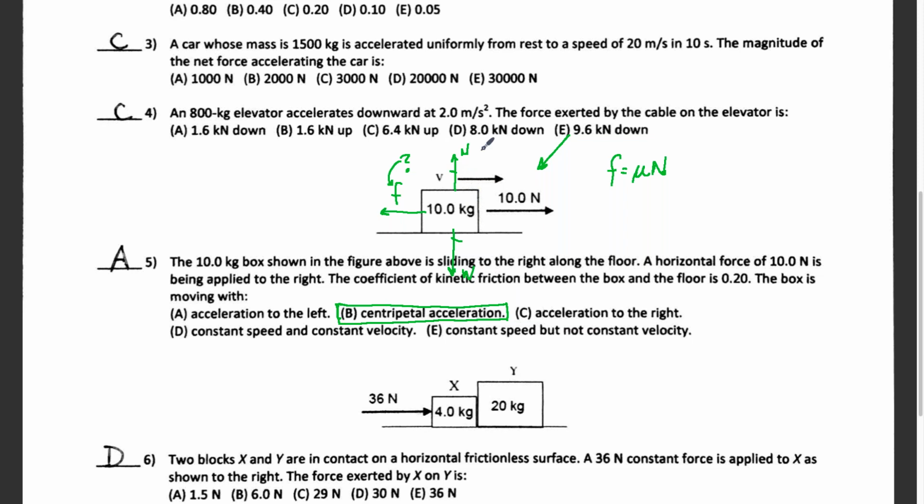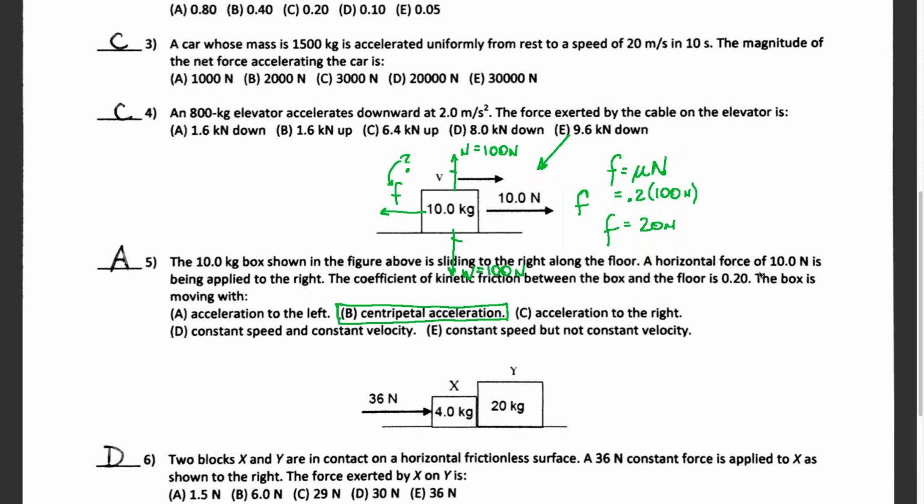The weight is mg, and if we use g as 10, that's 100 newtons, so the normal force is 100 newtons. Plugging that in, the frictional force is 20% of 100 newtons, which means it is equal to 20 newtons.